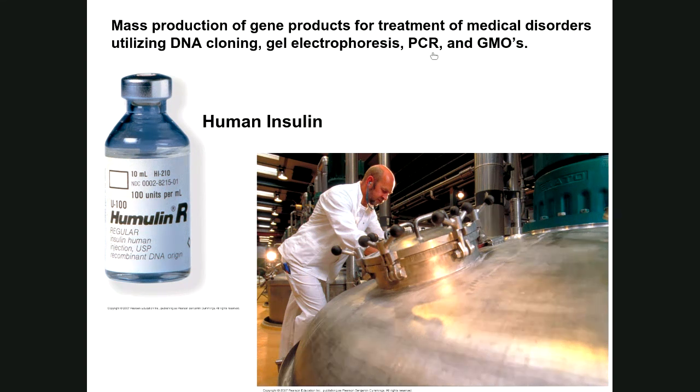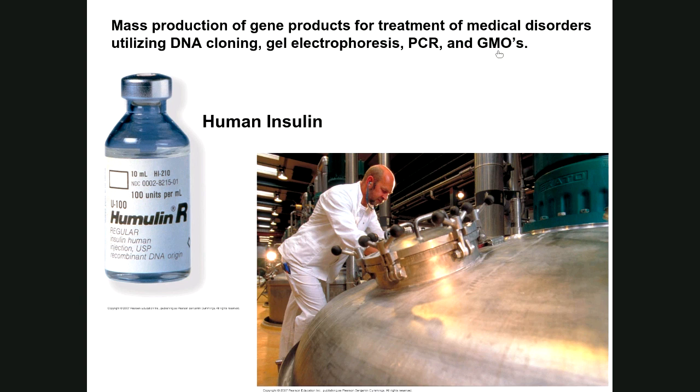But in the early days, in the early 1980s, they used cloning vectors to make copies of the human insulin gene. Then, as an added bonus, they realized when they took the cloning vector containing the human insulin gene and used it to create GMO bacteria, the bacteria would express the human insulin gene, resulting in the production of insulin.